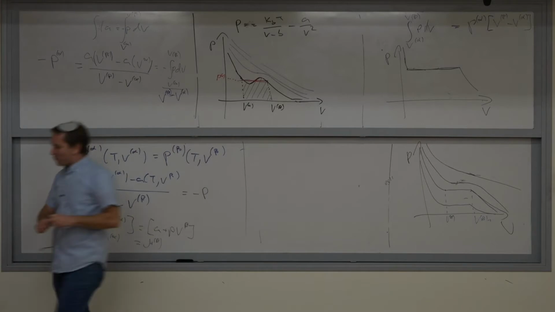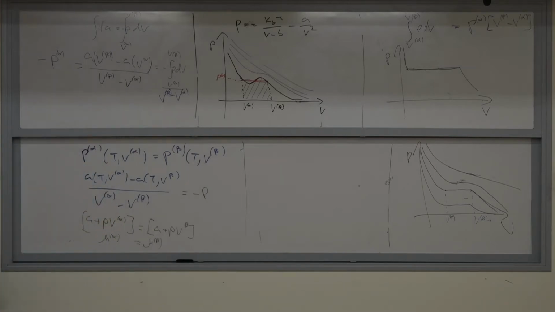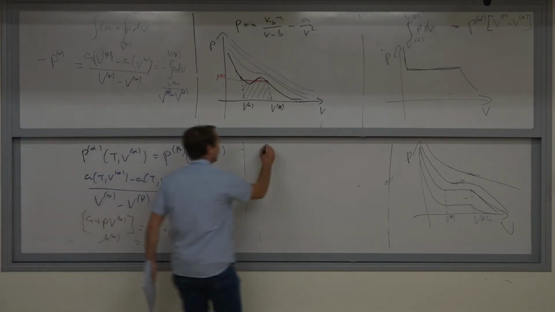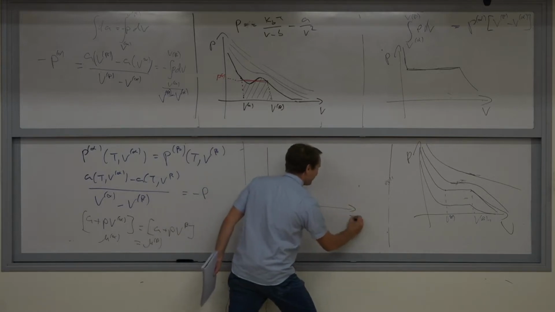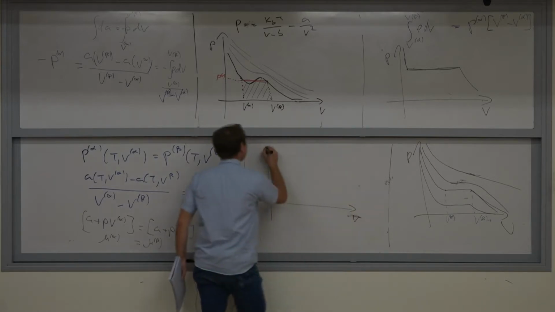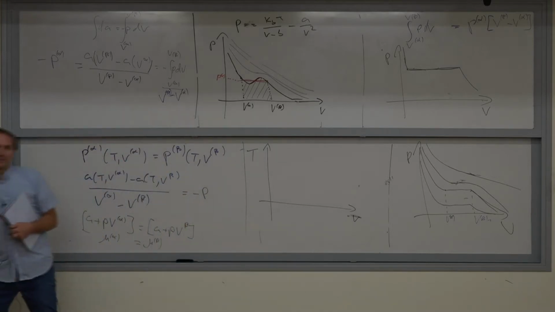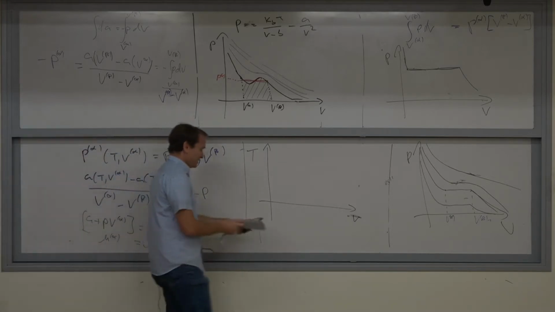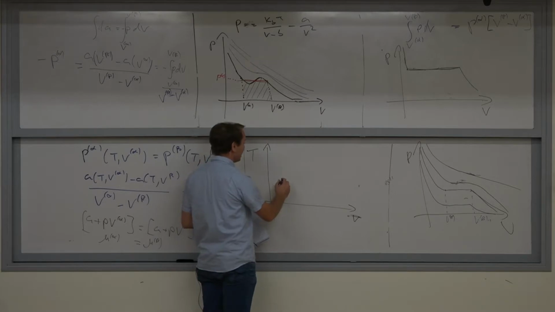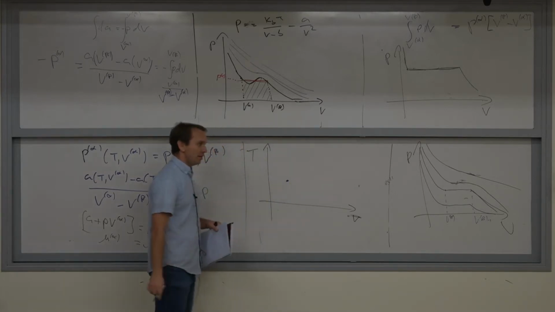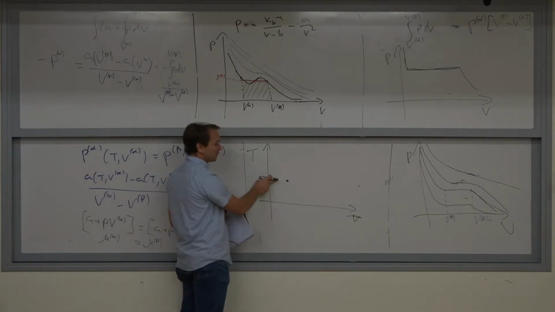Okay, back to your point. Let's look at the TV diagram. So we have V, and we have T. In this TV diagram, we know that for low enough temperatures, here for example would be fluid.